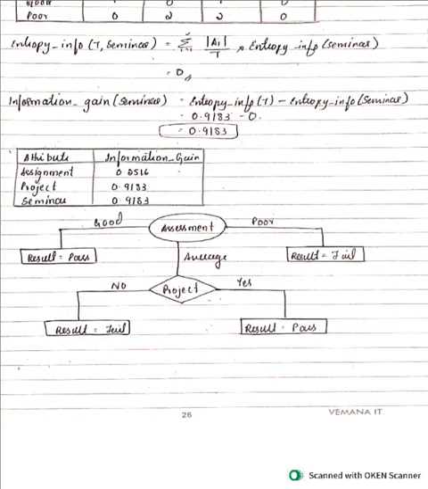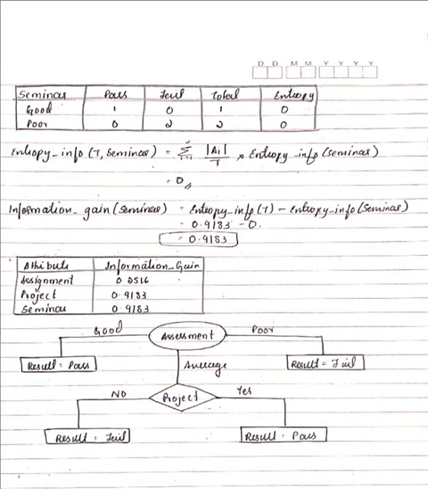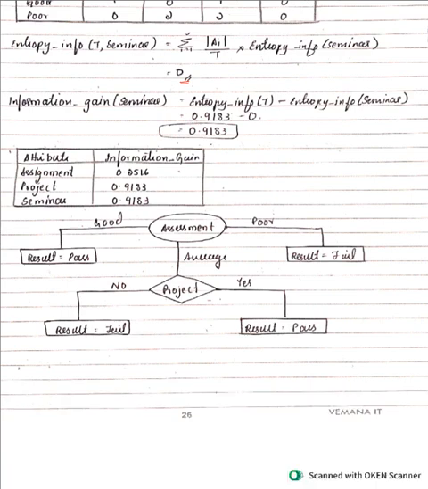And next, seminar. If you see, we have good and poor. Here the entropy for both good and poor is 0, 0. So the attribute information for seminar is also 0. The information gain is what? Entropy information of subtree minus entropy information of seminar, which is nothing but 0.9183 minus 0, which is 0.9183 itself.